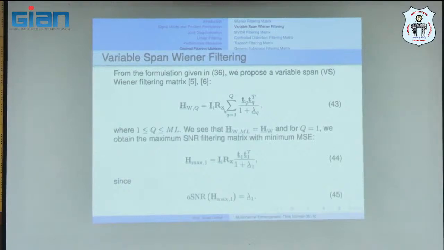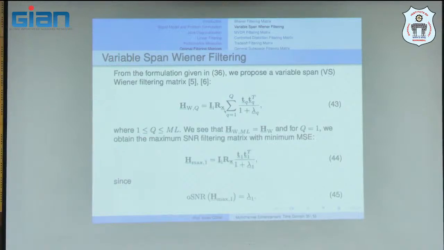So we have many possible ways to get filtering matrices that maximize the SNR. If we take Q equals 1, it is one of the solutions, because we see the output SNR is the maximum possible. And this one is the maximum SNR filtering matrix with minimum MSE.